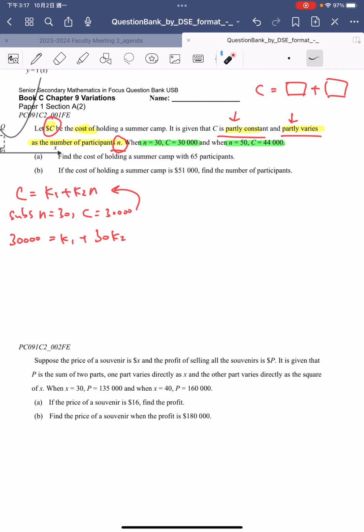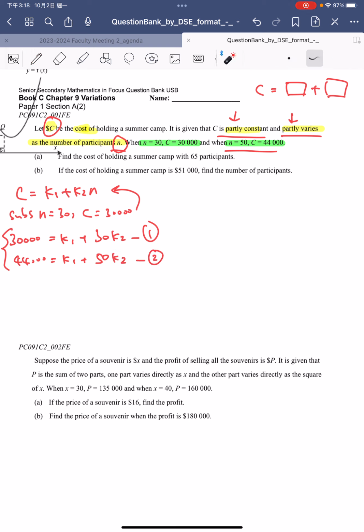So this formula is going to be our first one. Then we can do the second one, which is N is equal to 50, C is equal to 44,000. Then we do the similar thing, we can substitute in, then we have K1 plus 50K2. So this is our second formula.